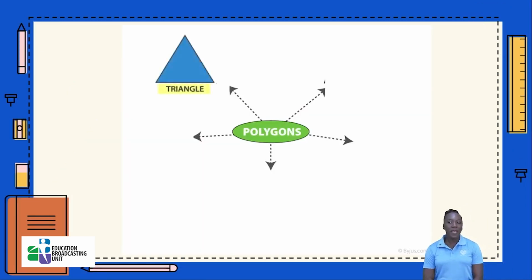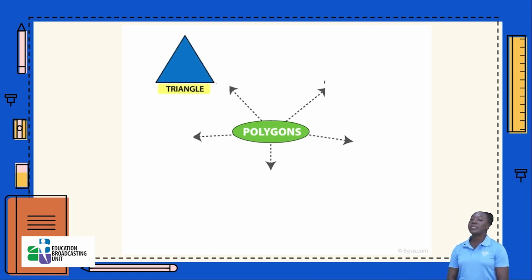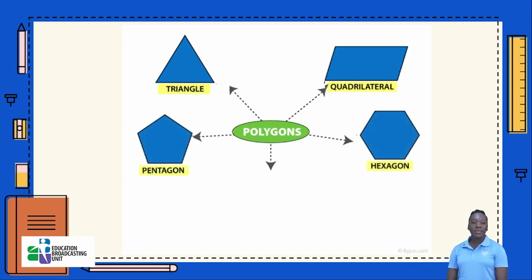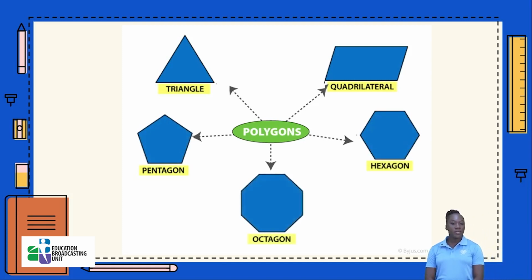We can also find the perimeter for circles and other polygons, which are simply those shapes with straight sides. So those would include our triangle, quadrilateral, pentagon, hexagon, and even the octagon. All these are polygons that we can find the perimeter for because they have straight sides.